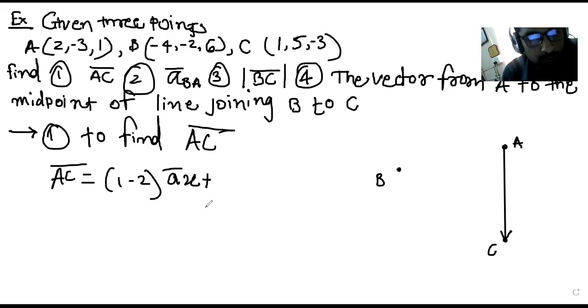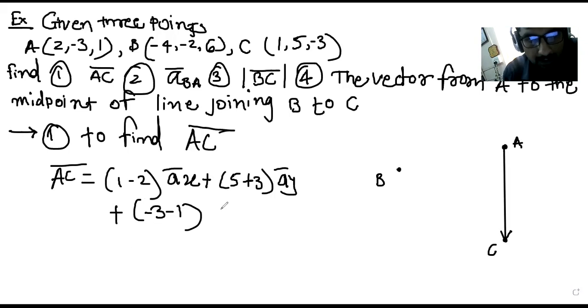So 1 minus 2 a bar x plus 5 plus 3 a bar y plus into bracket minus 3 minus 1 a bar z, right?